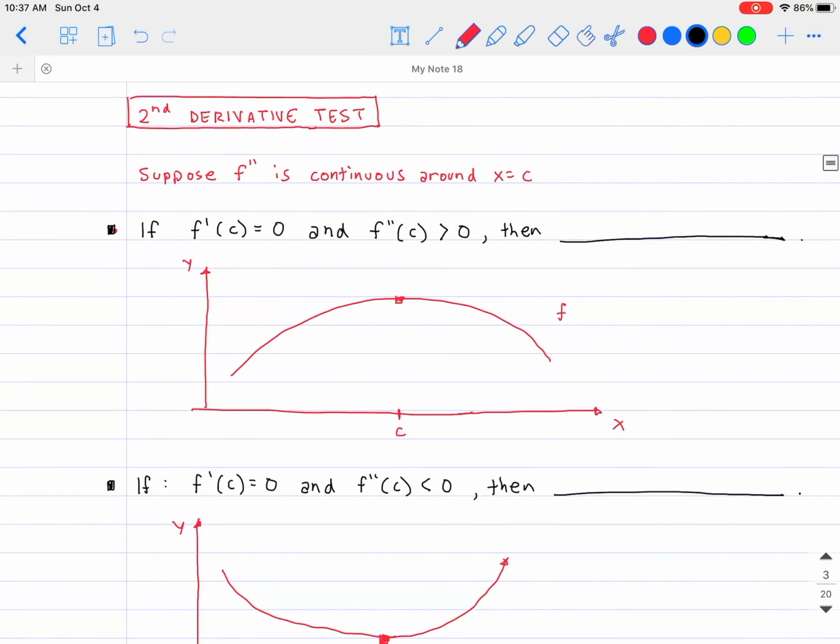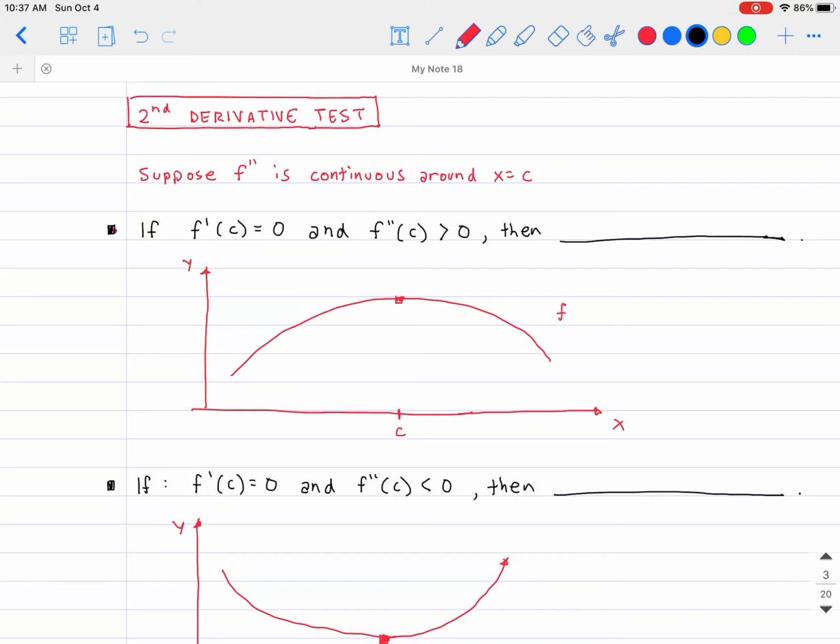Okay, so now that leads us into the second derivative test, and this is going to be the last part of it before we take all of this and apply it to an actual problem. So here we say that if f prime of c is equal to 0 and f double prime of c is greater than 0, then what's the conclusion?